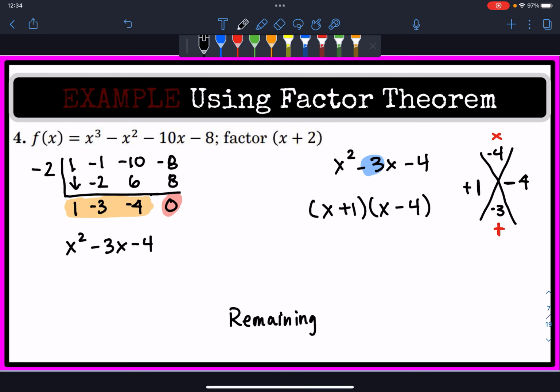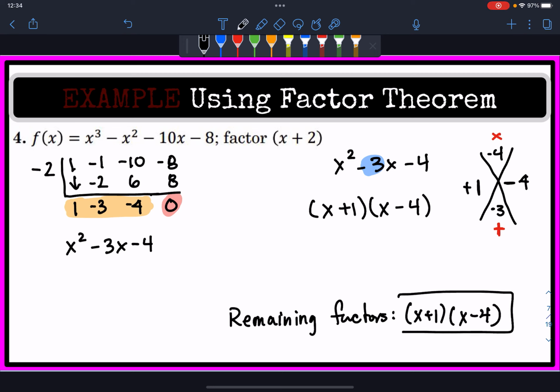So the remaining factors are x plus 1 and x minus 4. So we were given one of the factors, and we have two more. The remaining two are these.